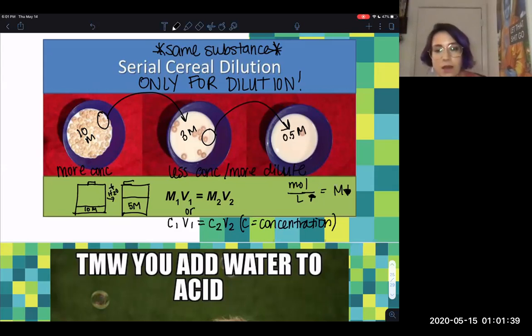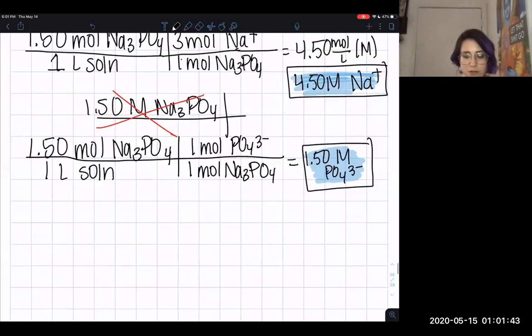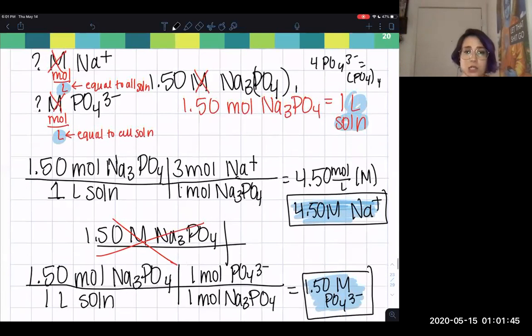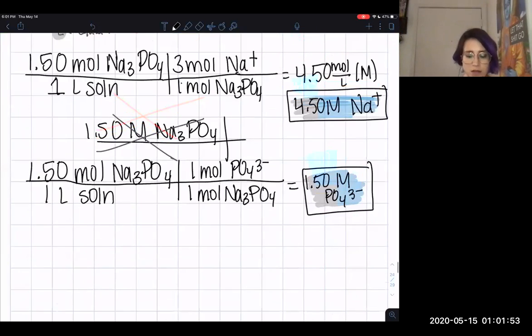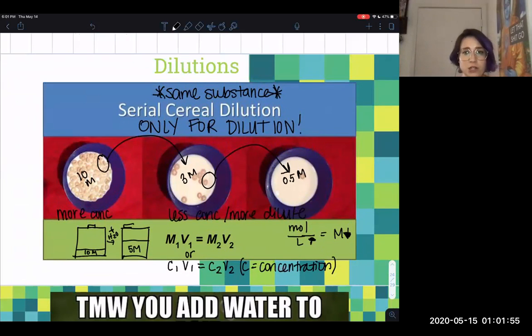I cannot use it for this reaction because sodium and sodium phosphate are different things. If I have two different substances, I need a mole ratio. I can use the dilution equation if I'm not changing substances, so I don't need a mole ratio. You don't need a mole ratio here.